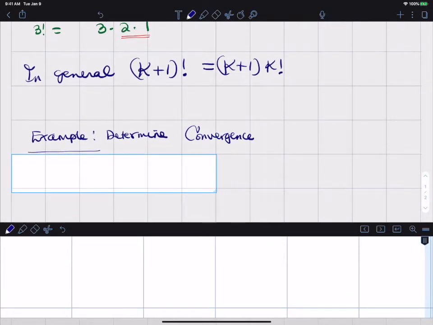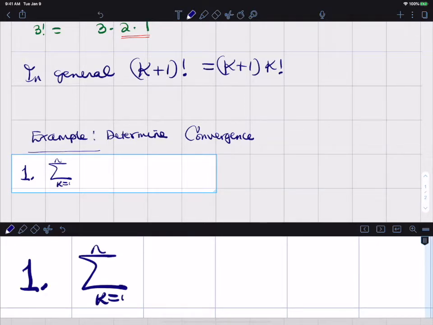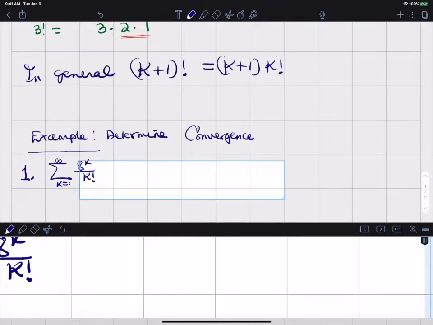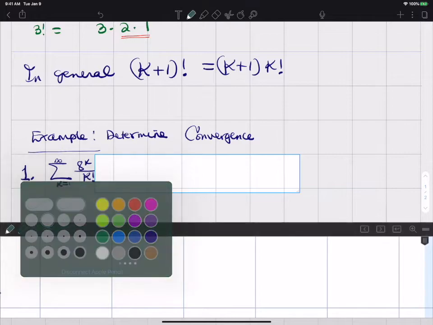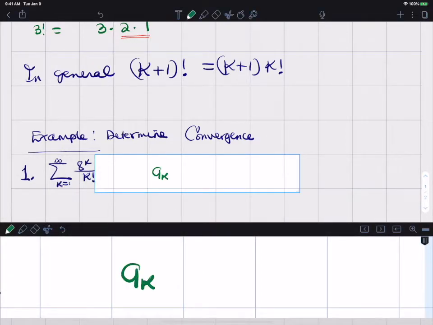All right, so the first one, we're going k from 1 to infinity of 8 to the power of k over k factorial.